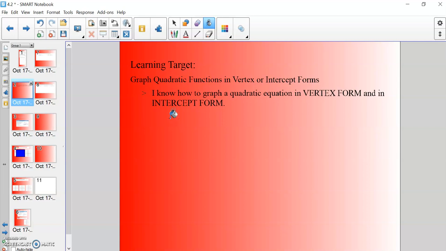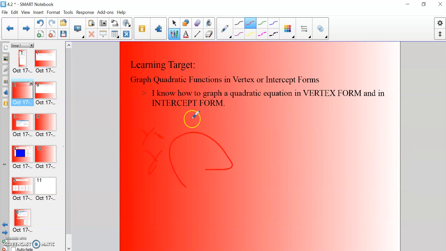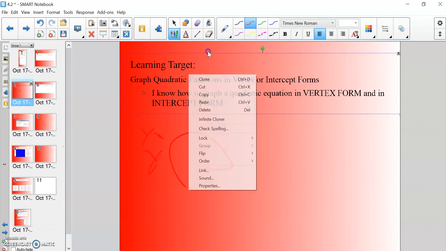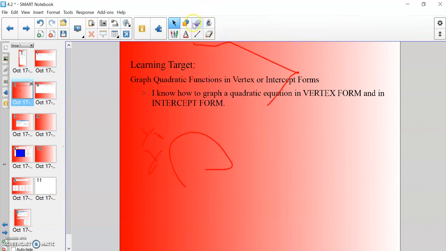So as a recap from yesterday, remember, standard form of a quadratic is, oh, it was red, that was my issue. Let me start this over.